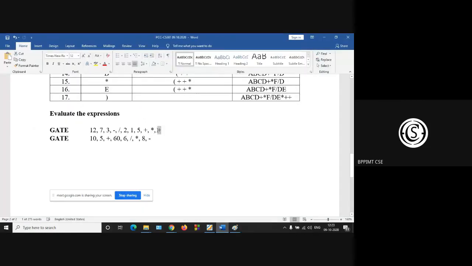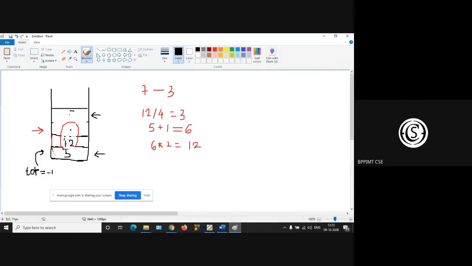Next one is addition, plus. This will pop the 12 and 3. So 12 plus 3 is 15. So the expression output will be 15. So at the stack, there will be 15.